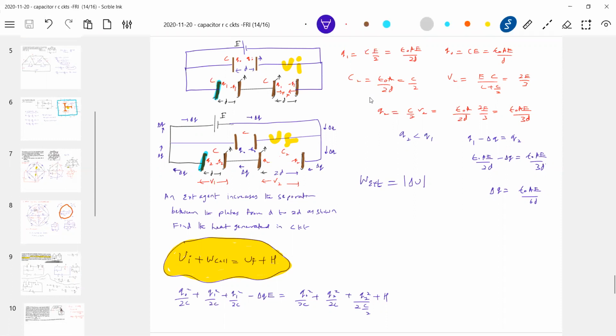Because see, I had to do work against this particular capacitor. So only delta U of the right capacitor. So calculate the change in potential energy of the right capacitor, and that is where I should bring the work done by the external agent. So this has to be slightly modified.